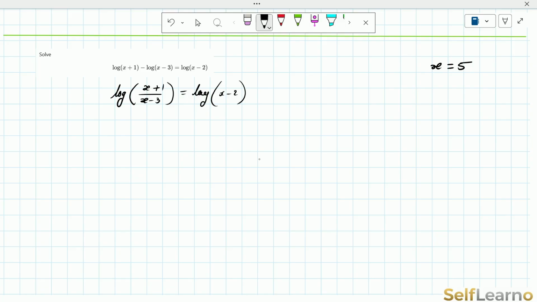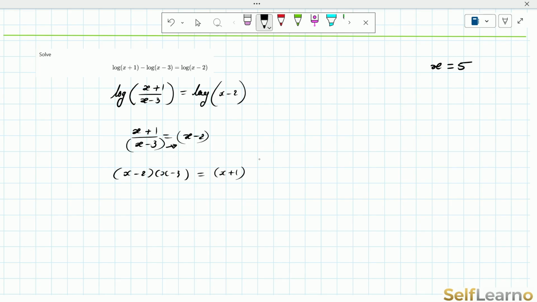Perfect. Now we can compare the arguments over here. (x plus 1) over (x minus 3) is equal to x minus 2. We can go for the cross multiplication over here. So that is (x minus 2)(x minus 3) is equal to x plus 1.